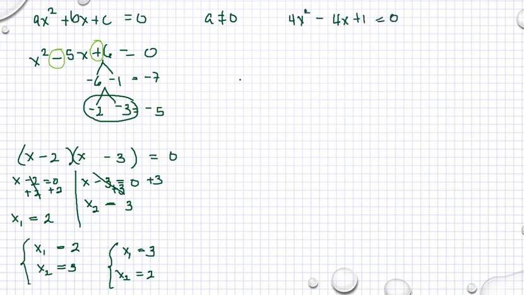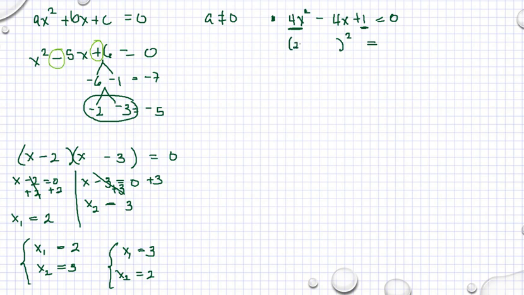Okay, next that I wrote here is 4x squared subtracted by 4x added by 1 is equal to 0. When it looks like this, you see that this is a perfect square. This is also a perfect square, and we have negative 4 there. So I can factor this as a special product.